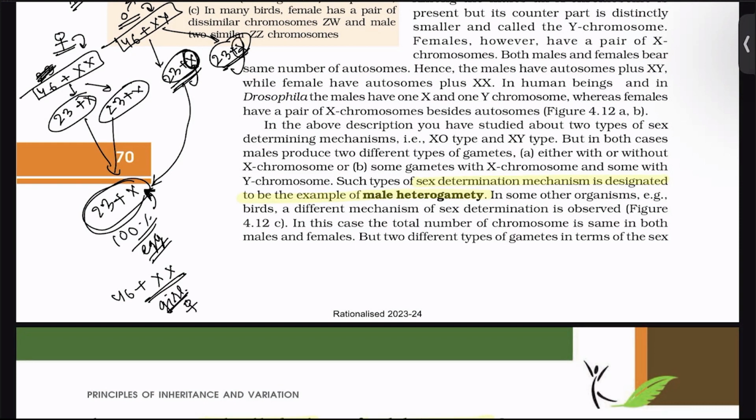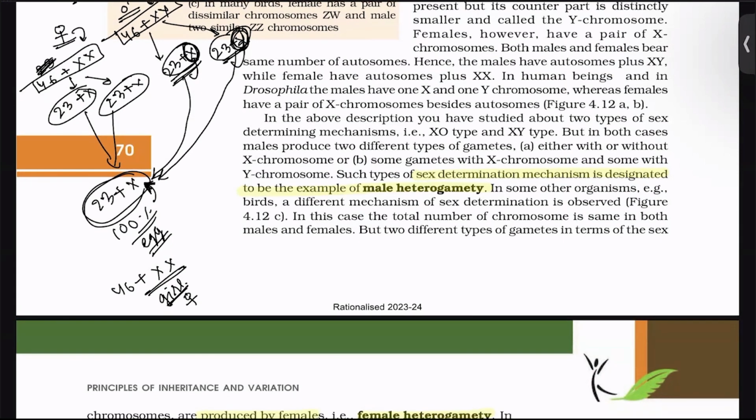And if a Y chromosome containing sperm fertilizes the egg, then the resultant would be 46 plus XY, and the child would be a male. And the Y chromosome is determining the sex of the child.